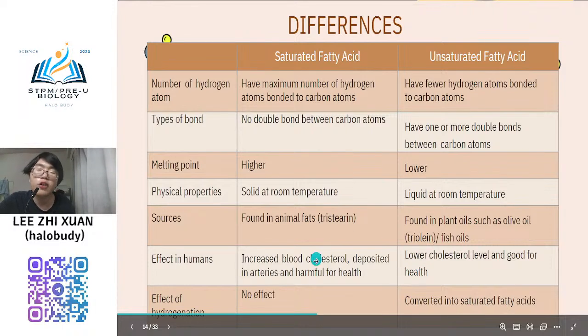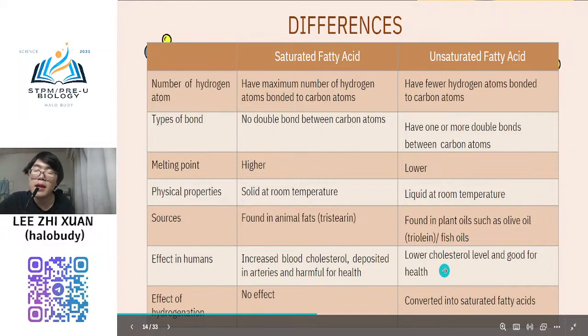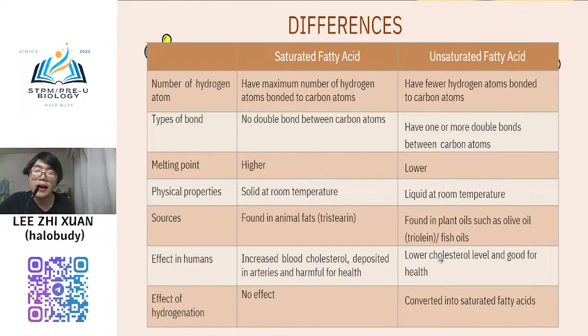But if you compare to saturated in the same amount, unsaturated is more healthy. That is why many people nowadays who focus on health use plant oil rather than animal oil, especially in house cooking. Outside, they are still using animal oil.